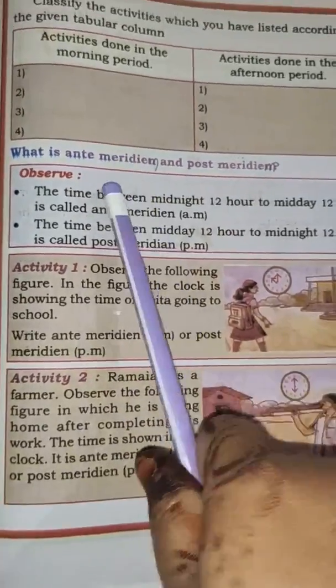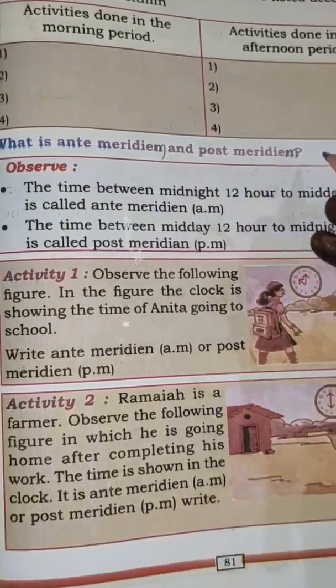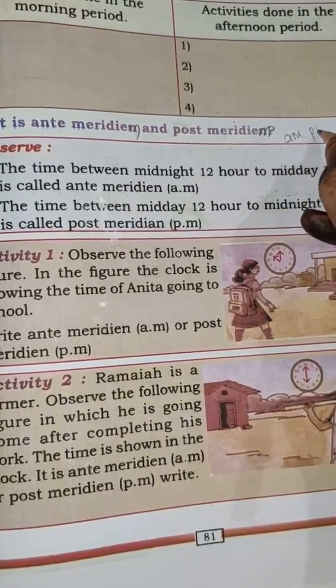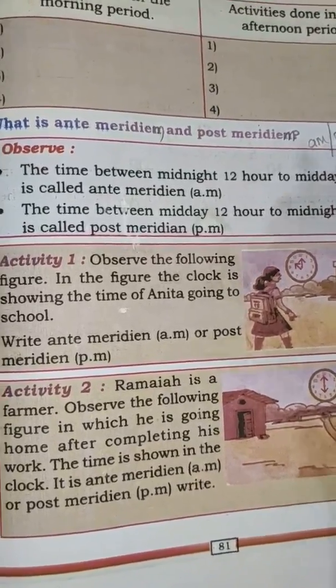Okay, what is this anti-meridian, post-meridian? It is usually known as AM and PM. You might have heard it. Yes or no? Anti-meridian and post-meridian, AM and PM.